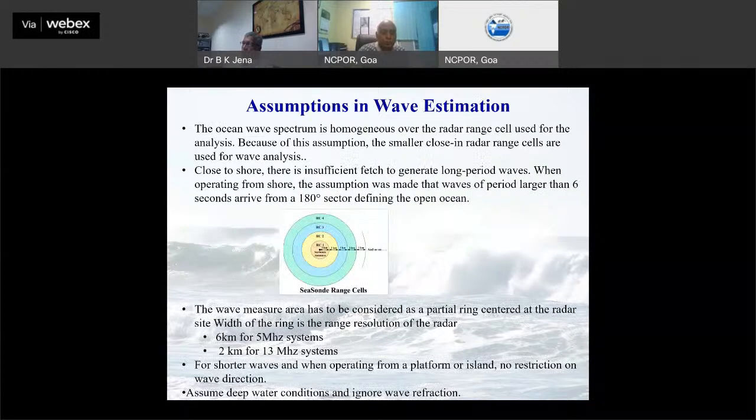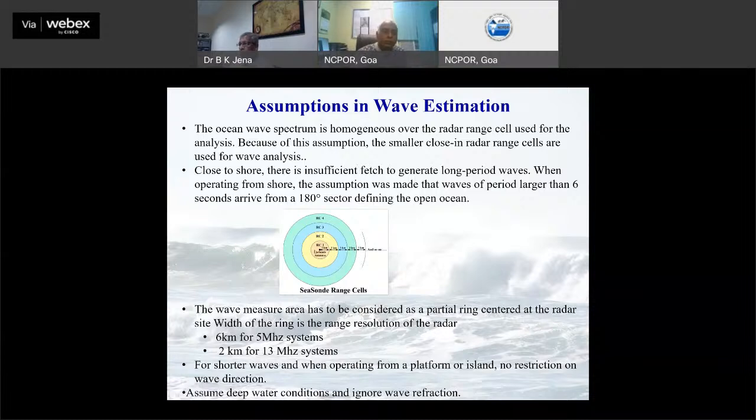One important thing I want to tell you here is that wave measurement using HF radar is not like other conventional wave measurements. It also measures like a radial wave, in every grid we have selected, 6 kilometer or 2 kilometer or so.